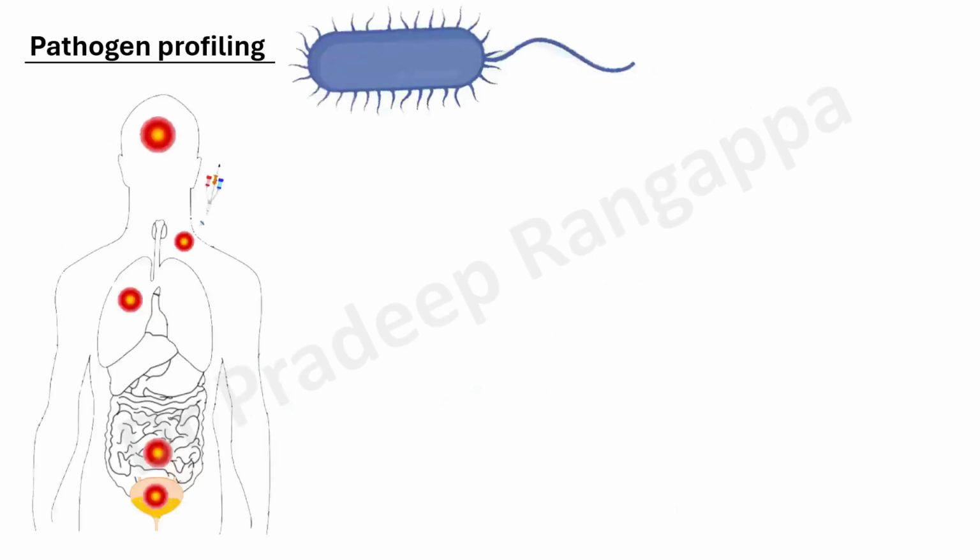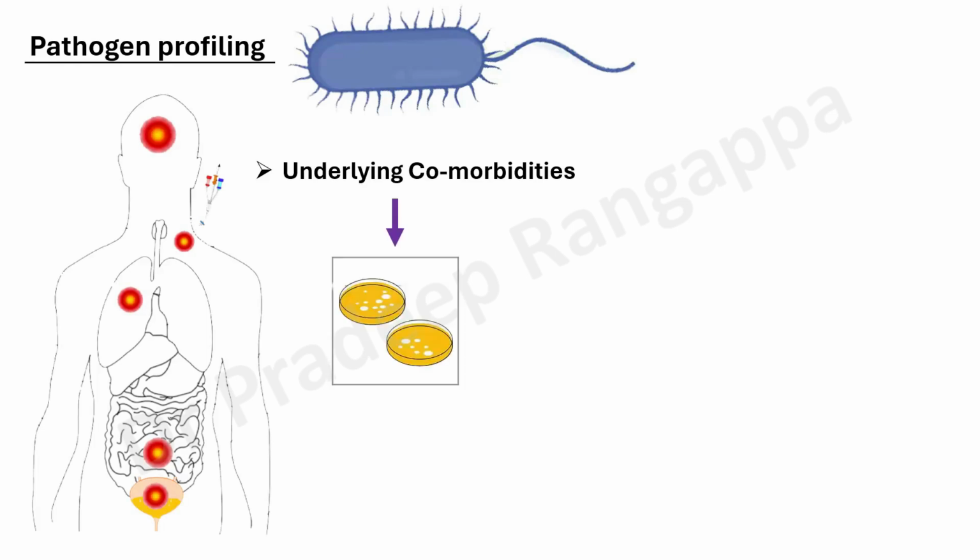And then there's something called pathogen profiling, and this pathogen profiling would be determined by the source of the infection that your clinical examination has reflected upon. So your clinical examination should give you cues as to what the possible source of infection is, and that is pathogen profiling. And this has to be taken into the context of underlying comorbidities that the patient may have and the prevailing antibiogram.